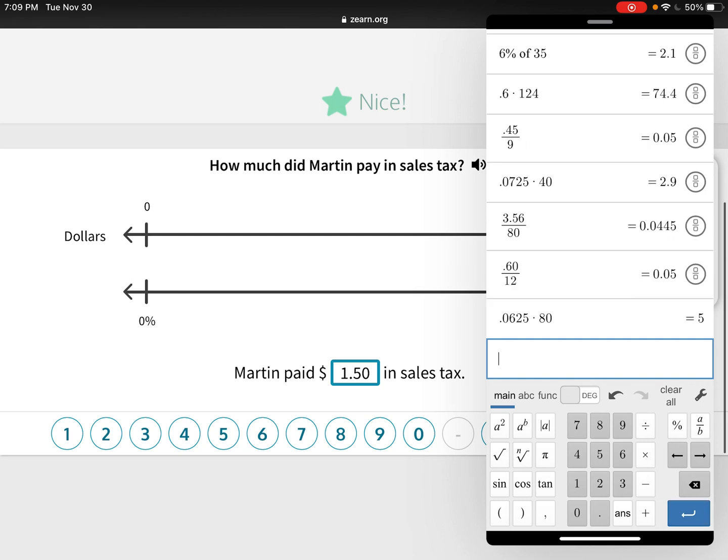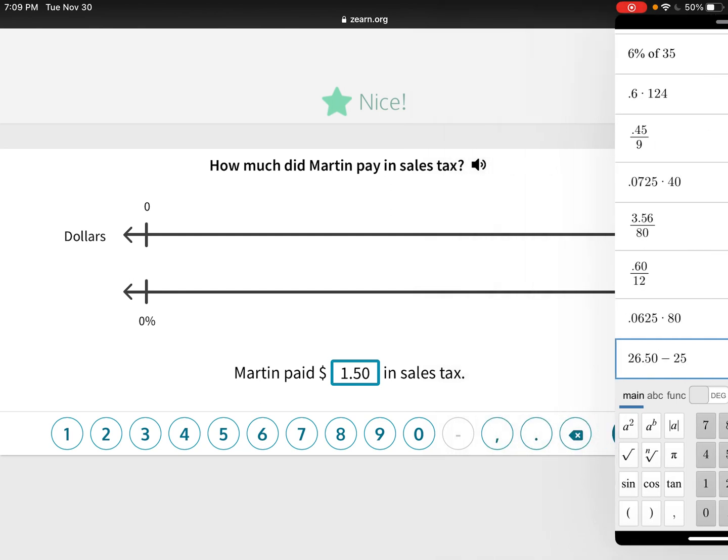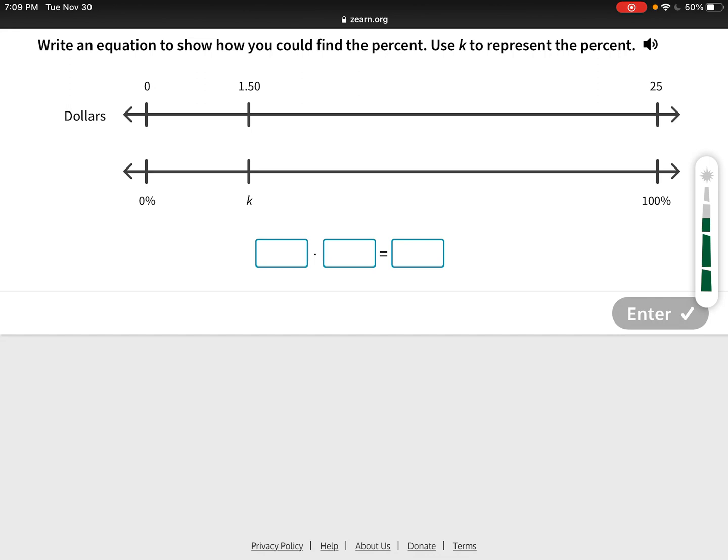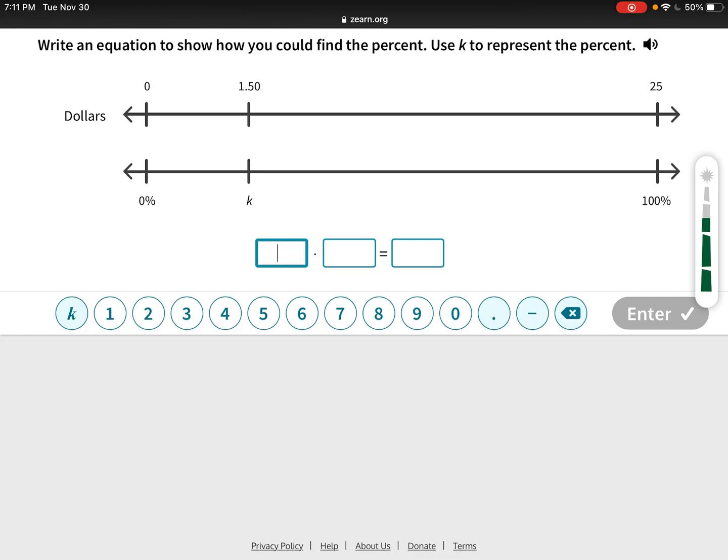And if you didn't know, you just take $26.50, subtract the original price of $25, and you get $1.50 extra. So $1.50, we don't know what percentage that is. So then we have percent times whole equals part. Don't know the percent. The whole amount is 25. The part is $1.50.